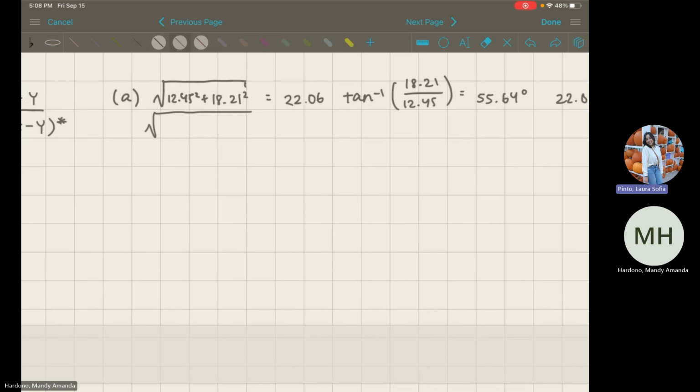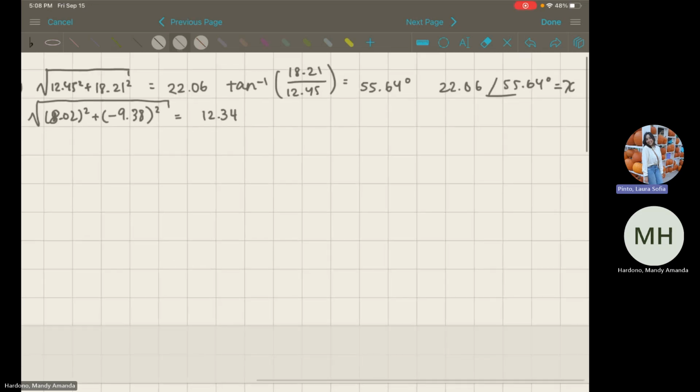Now for Y, we'll just do the same thing. So let's say 8.02, right? Or that one? Oh, it's an 8. The magnitude is 12.34.